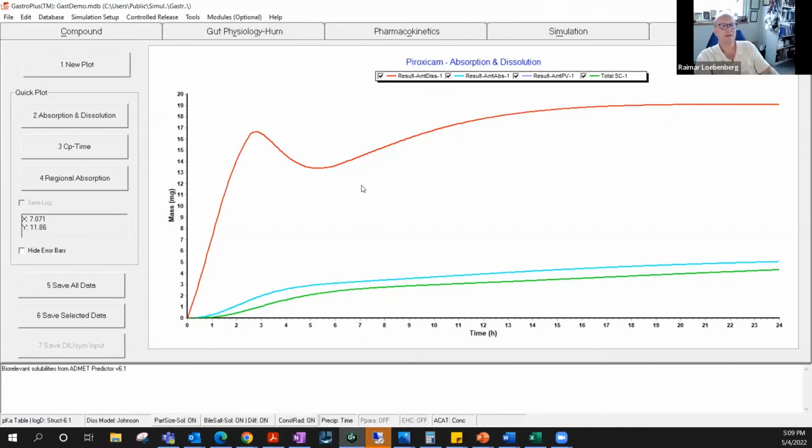However, when dissolution controls the process, then the red line and the blue line are very close to each other. This is one of the things to really visualize the importance between dissolution controlled absorption and permeability controlled absorption.